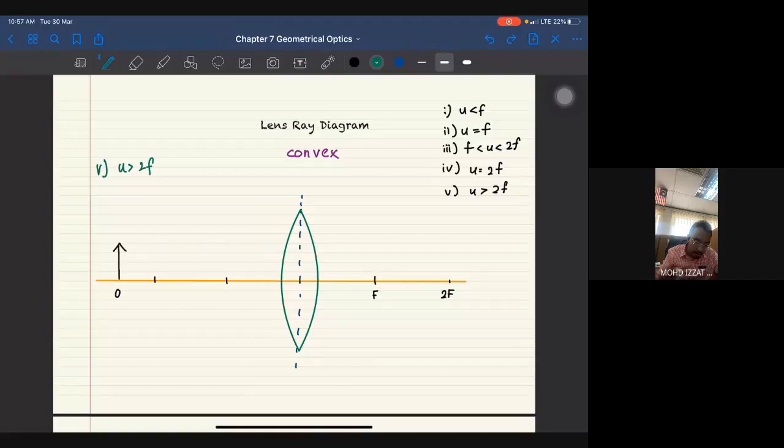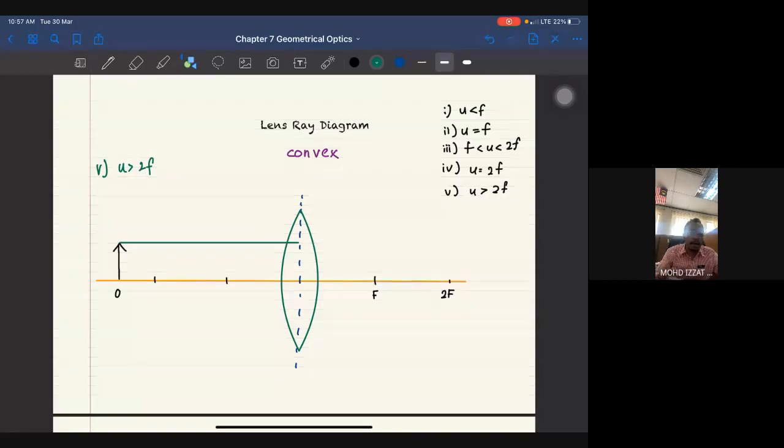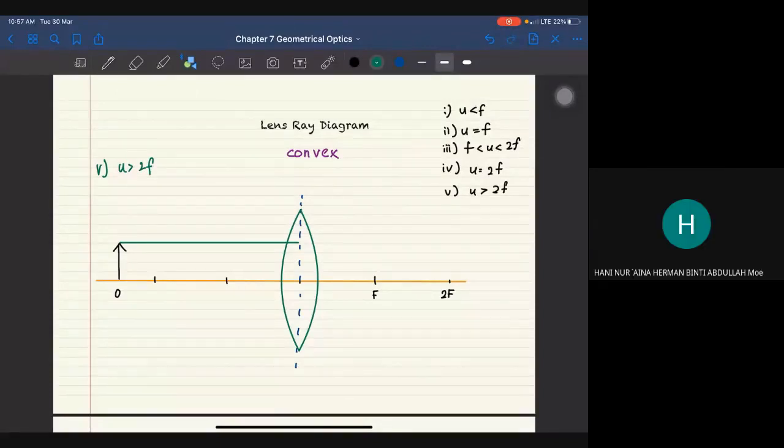Make sure pakai ruler. Macam tu. Okay, dia datang dia parallel. After that, dia pergi ke F. Since kamu hanya lukis F tu dekat satu side, so tak mungkin salah lah. Kamu mesti akan pergi ke F sini.